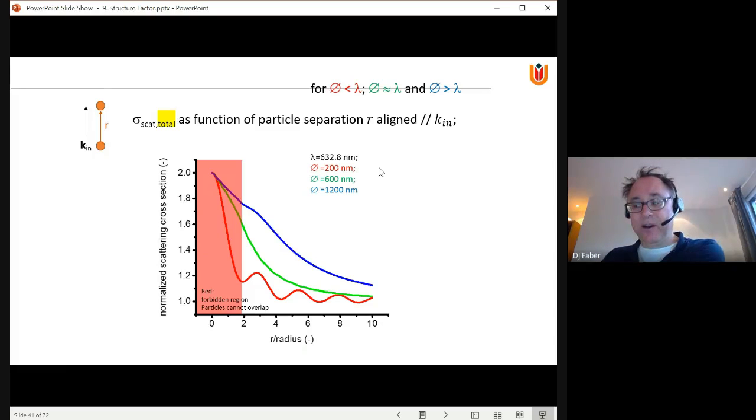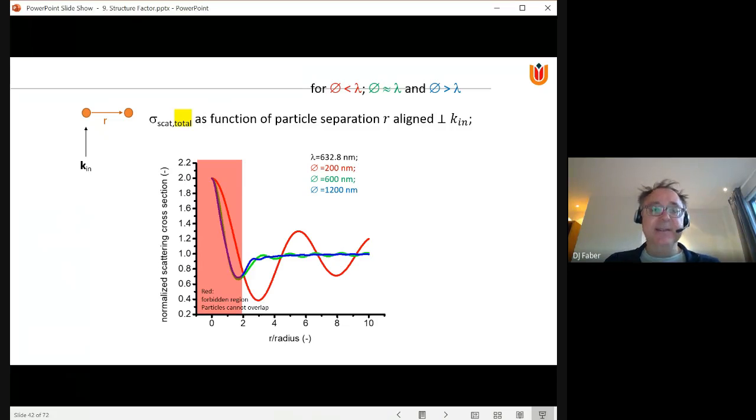For the larger particles compared to the wavelength, the diffraction is the dominant phenomenon, and for the smaller particles, the refraction is the dominant phenomenon. So I guess that has to do with these oscillations showing up for the small particle and not for the large particle.